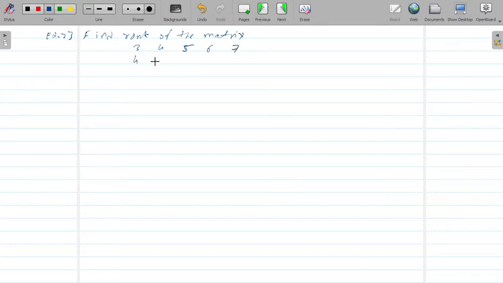Then 4, 5, 6, 7, 8. The third row is 5, 6, 7, 8, 9. And the last row is 15, 16, 17, 18, 19. So a total of 4 rows and 5 columns, so the order of the matrix is 4 by 5.